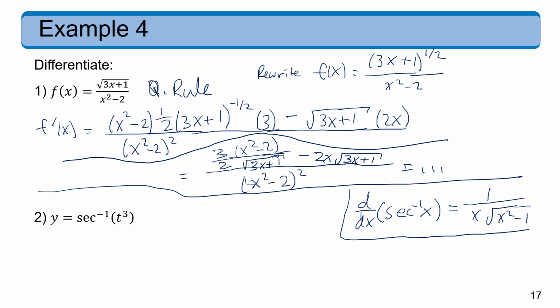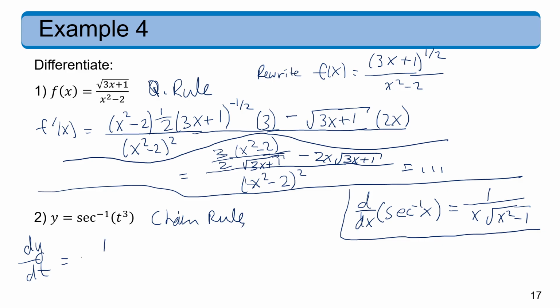So the version we have is going to be a chain rule problem, because instead of just a single letter plugged in, we have some other expression, which in this case is t cubed. So the notation here would be dy dt for our derivative. The outer function is the inverse secant function. So first we apply that formula over to the right.